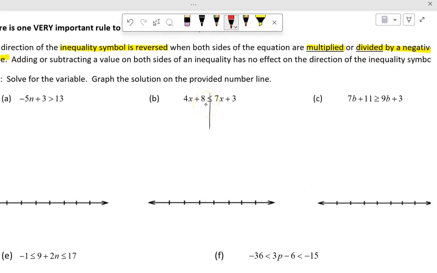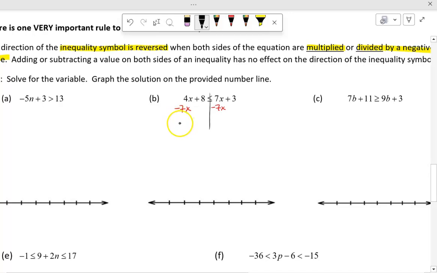And I would like to show you guys this rule about multiplying or dividing by a negative. So what I'm going to do is move my 7x over to the other side by subtracting 7x on both sides. It doesn't really matter which x you move where, as long as you get your x's on one side together.